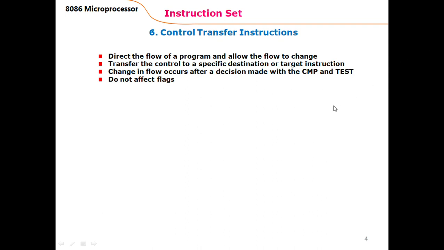Other instructions like arithmetic and logical instructions affect flags, but these instructions do not. Control transfer instructions only make decisions upon the values of the flags affected or changed by other instructions, but they themselves do not change the values of the flag bits.